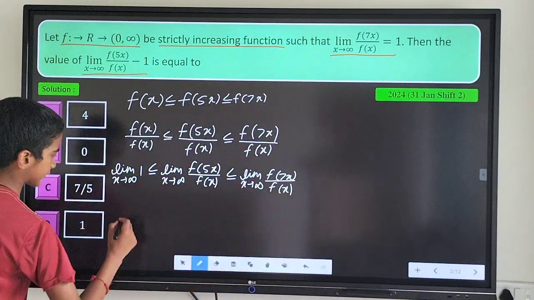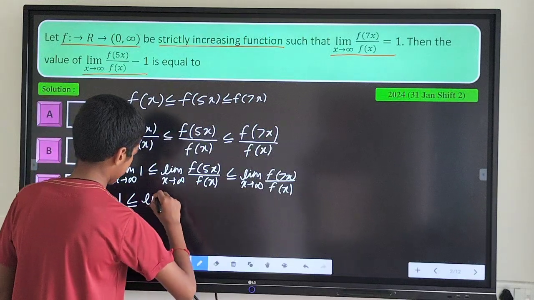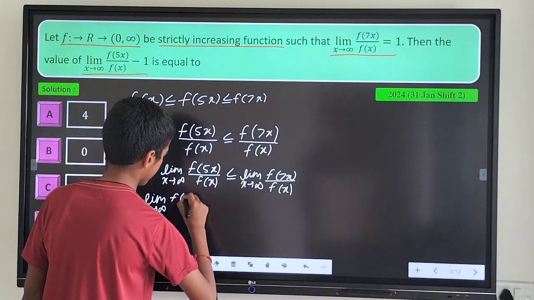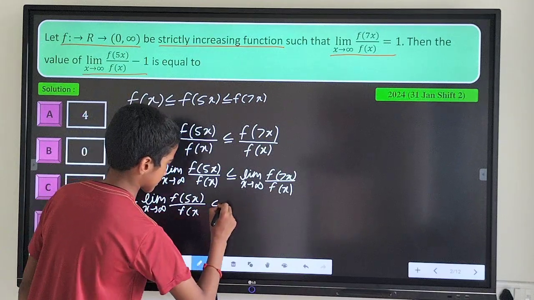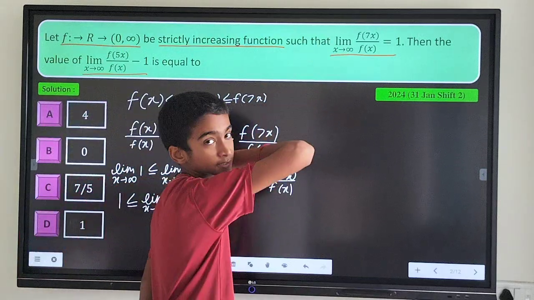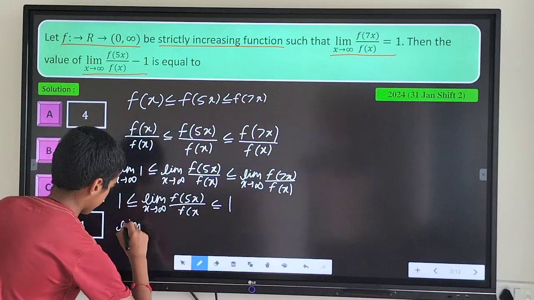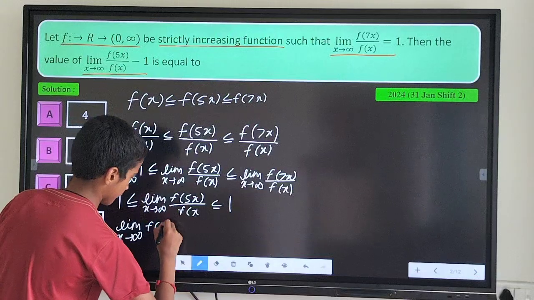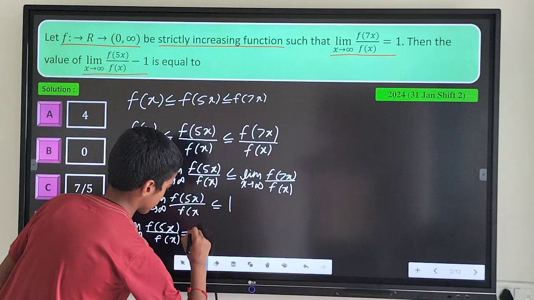Now limit x tends to infinity of 1 will become 1, and limit x tends to infinity of f of 7x upon f of x is given, that is 1. So from here we get our limit x tends to infinity of f of 5x upon f of x is equal to 1.